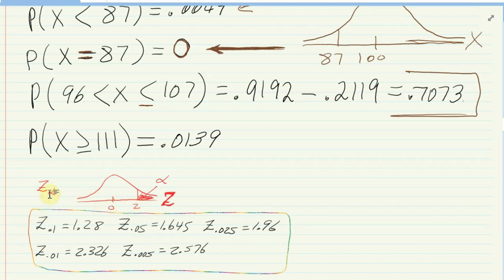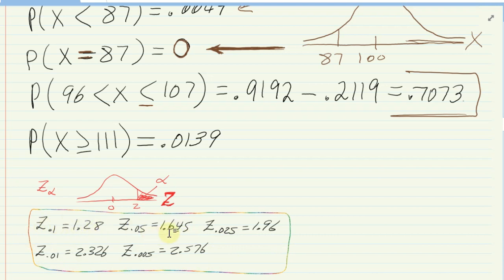And subscript alpha, alpha is an area to the right. And it's always to the right. So I want to find a z-score so the area to the right measures alpha. So for example, z.1 means a z-score where the area to the right is 0.1. z.05, what z-score has area to the right 0.05? This one, what z-score has area to the right 0.025, and so on. So that's what these z-scores are.